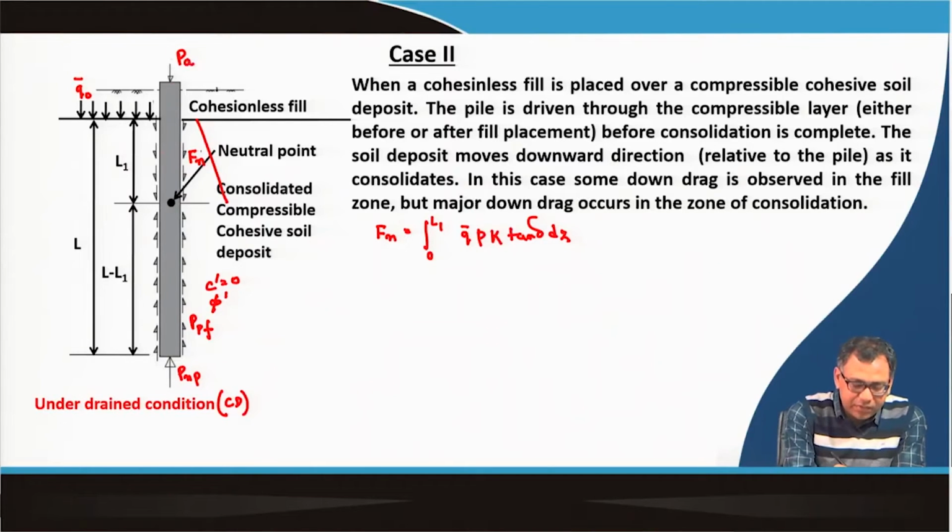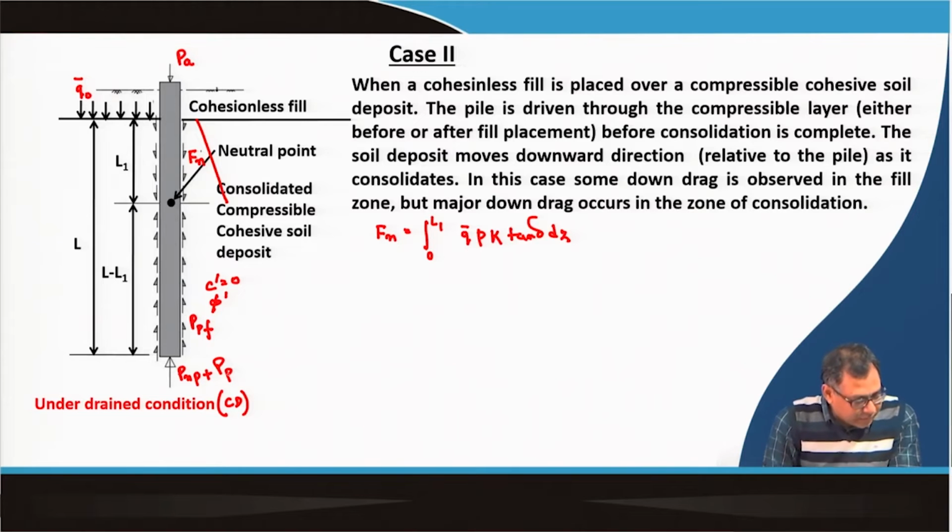So PA is acting, this is the Fn negative skin friction, this is the positive skin friction, this is the tip resistance, and the tip resistance has two parts, one is PNP, another is PP.